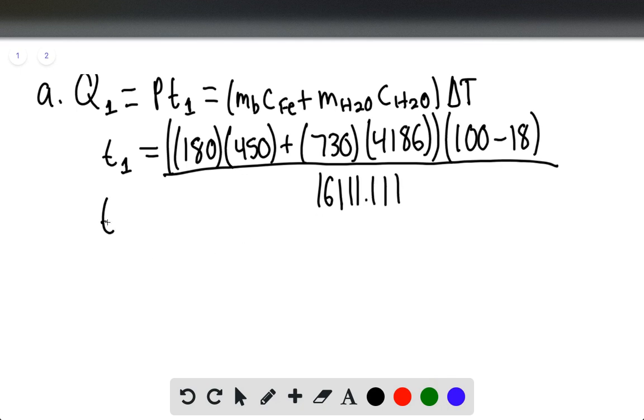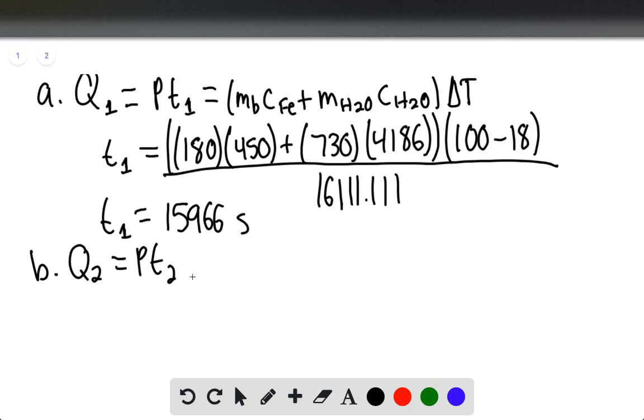And this will give us T sub 1 equaling 15,966 seconds.